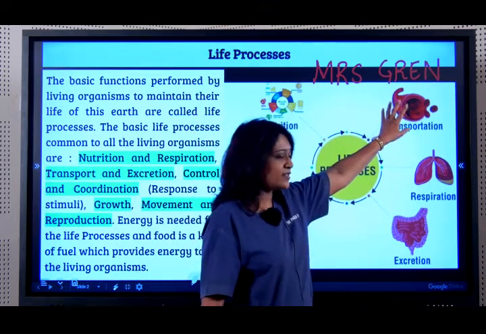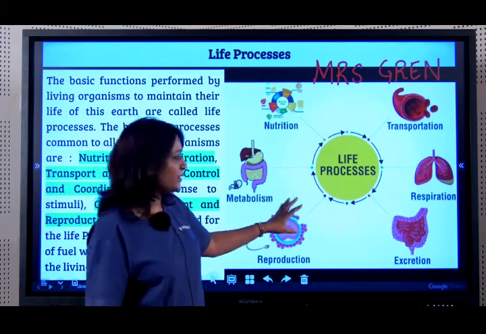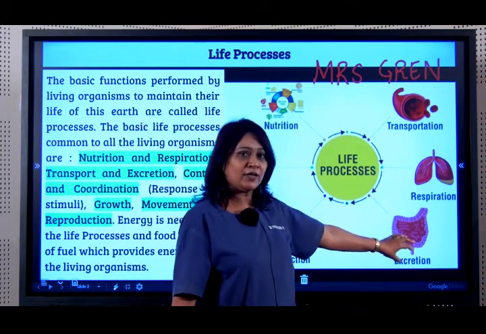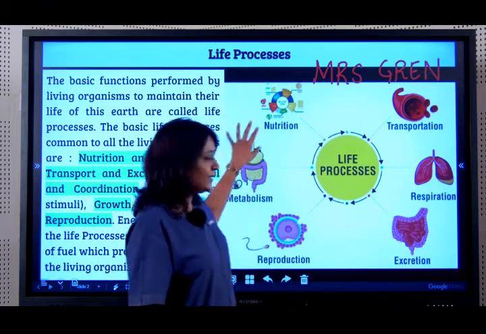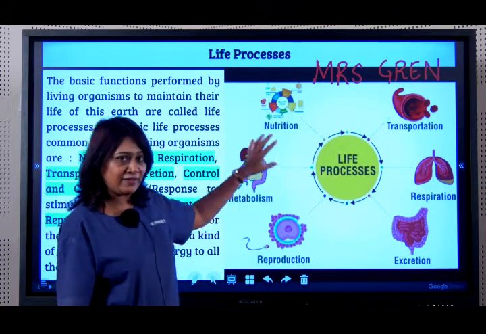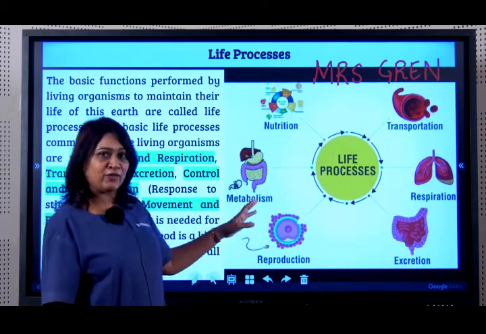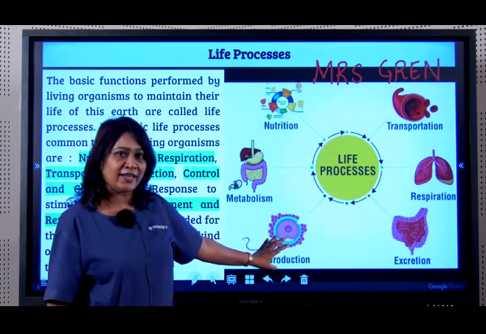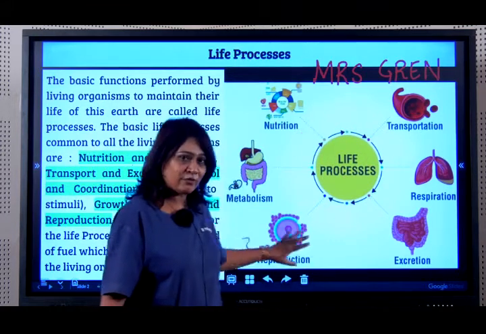So you have the circulatory system, and whatever is excess and is not required by the body will be sent out through the excretory system. And to maintain the entire process of life, as well as to make sure that human beings continue to be alive on this planet, you have something called reproduction. So these are the various basic life processes.